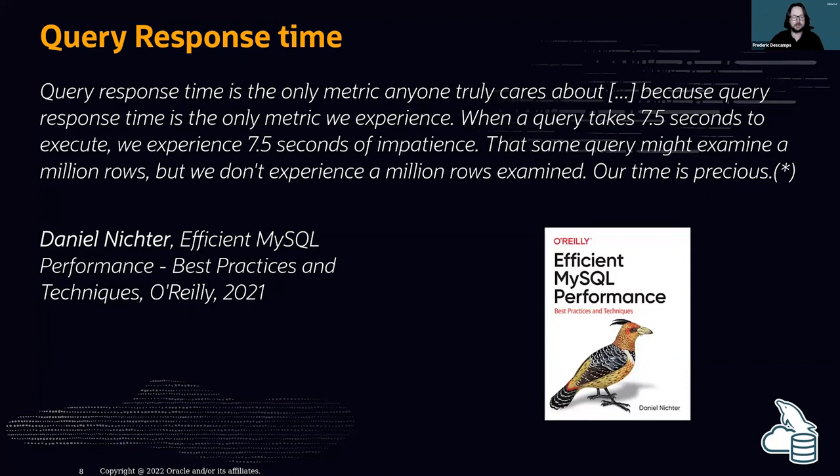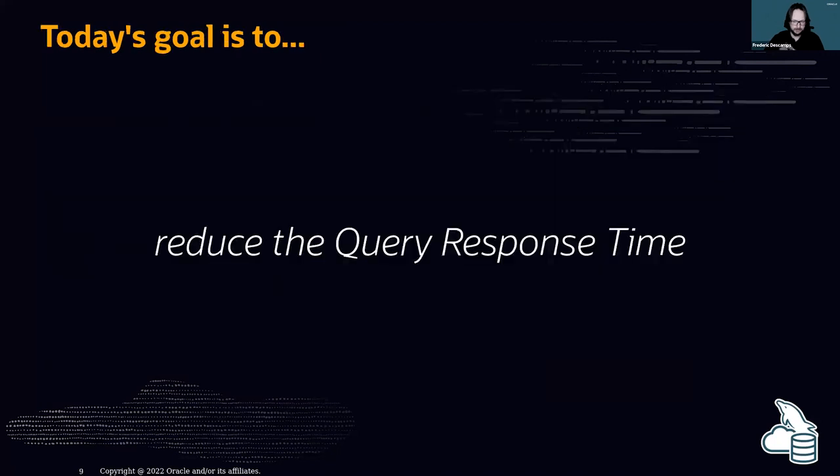It's just the time, because our time is precious. This comes from Efficient MySQL Performance, Best Practices and Techniques by Daniel Nichter. I recommend this book, but I will recommend other books during the session. What Daniel says is so true, because as a user, the response time is what matters. So in this session, the goal is to reduce the query response time.